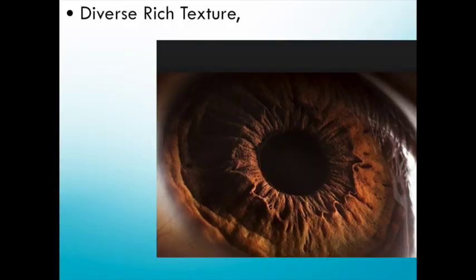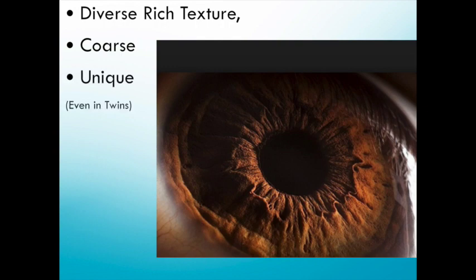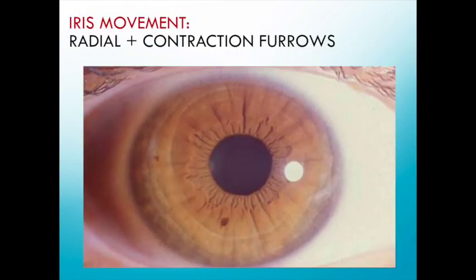So here is that diverse, rich texture pattern around the pupillary zone again. It's coarse, it's very unique, even in twins. And another thing is that the iris is moving. So just a point about the iris movement that has to be said. It's continuously reacting to the light, and on this image it's much easier, for example, to see the contraction furrows, as it folds in on itself, and also these things called radial furrows.